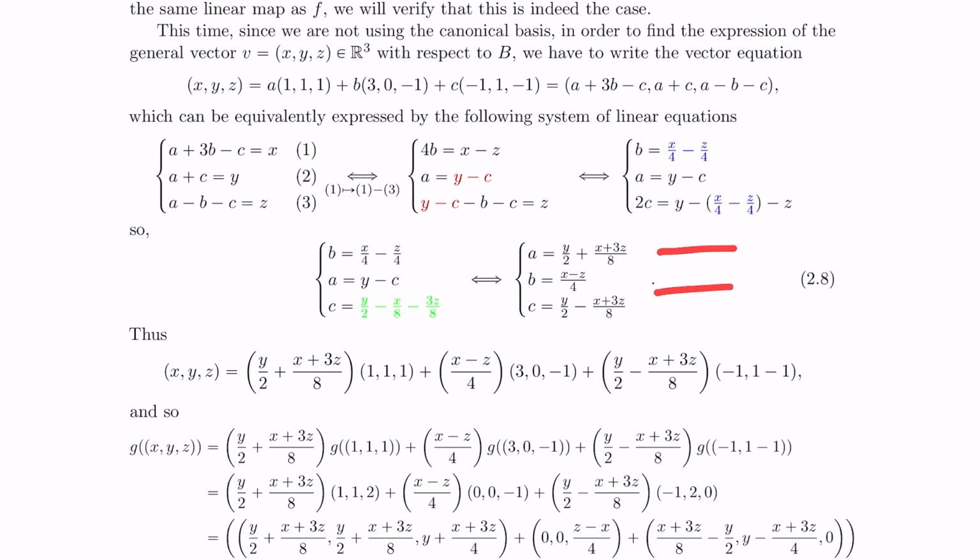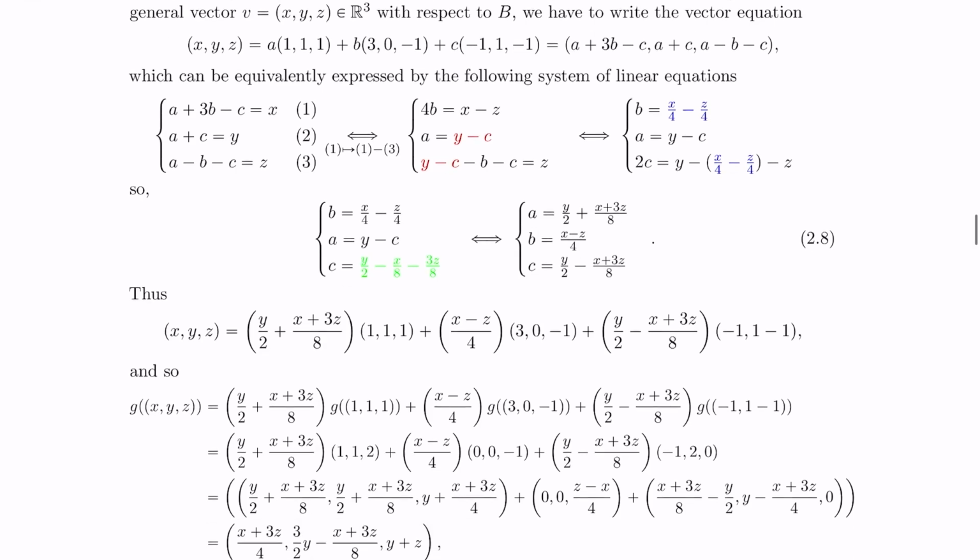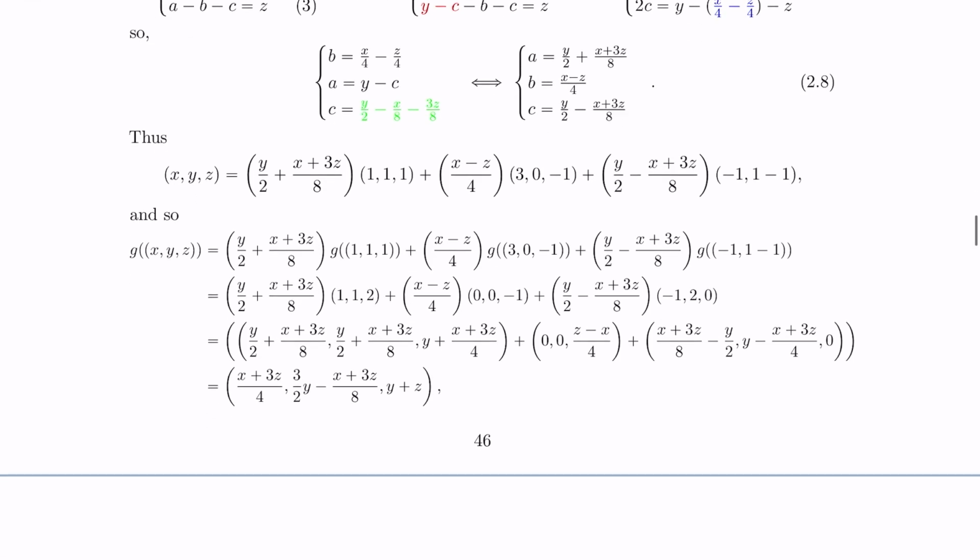As you see here, the expression of the components this time is much more complicated with respect to the components obtained by using the canonical basis. In any case, as you can see here, we can write the generic vector (x, y, z) of R3 as this linear combination here.